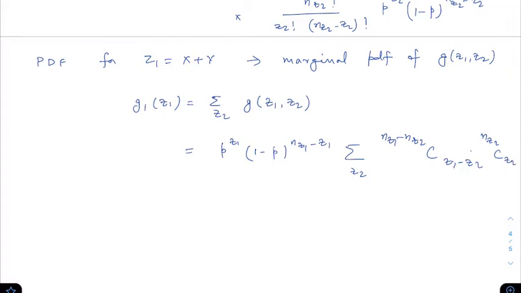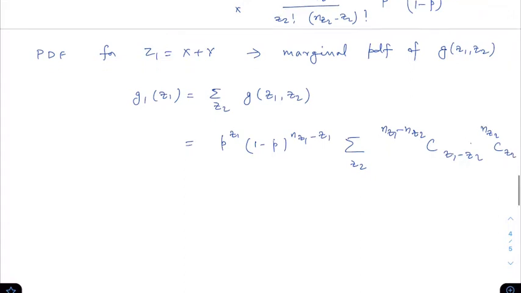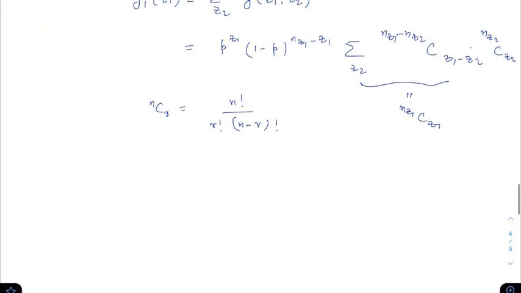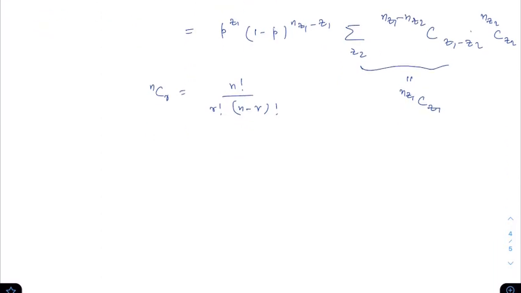So basically nCr is nothing but n factorial by r factorial times n minus r factorial. For normalization, the sum over z2 should basically give us nz1 C z1. So ultimately this shows that g1 is also a binomial PDF.